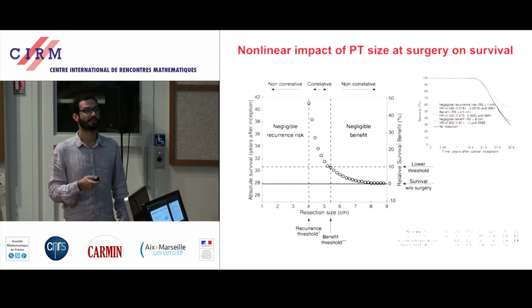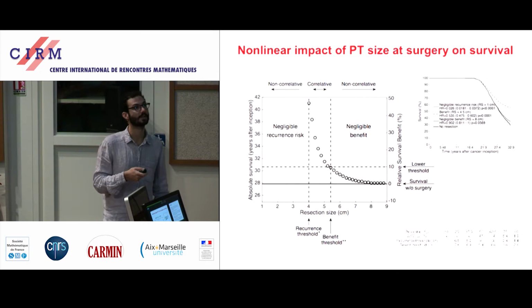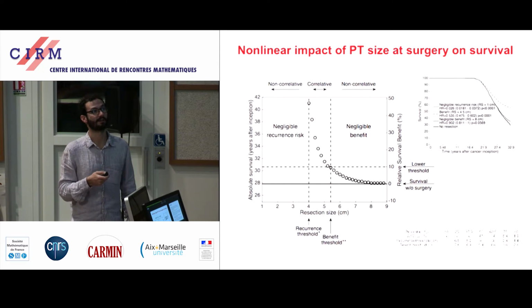Between this threshold and this threshold, the size is very informative on the probability of having a recurrence.